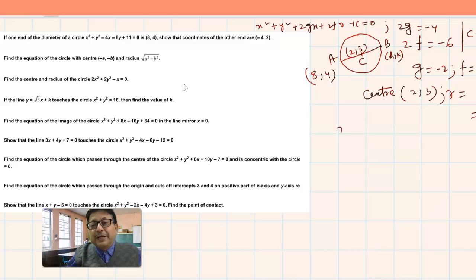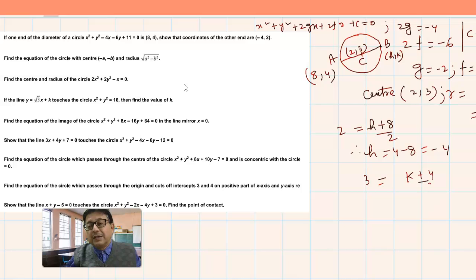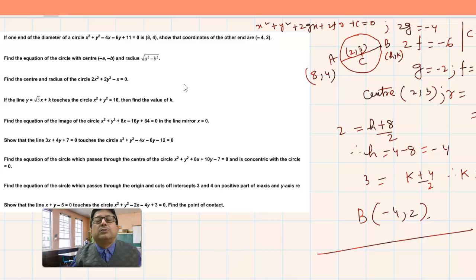So 2 must be equal to (h plus 8) by 2. So h is minus 4, and 3 must be equal to (k plus 4) by 2. So k is going to be 6 minus 4, that is equal to 2. So the extremity B is going to be (h, k), that is (minus 4, 2).